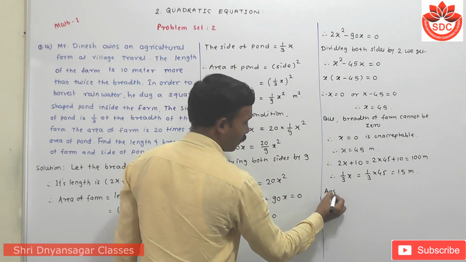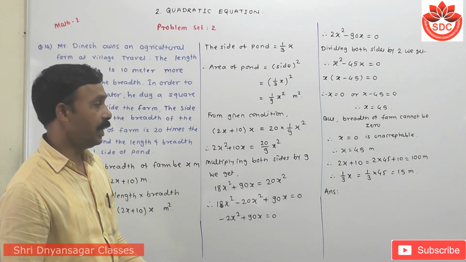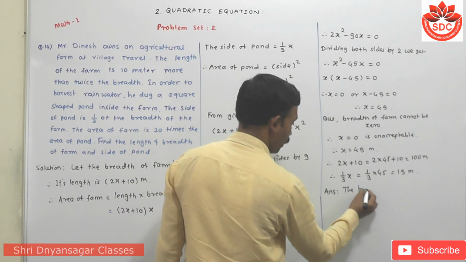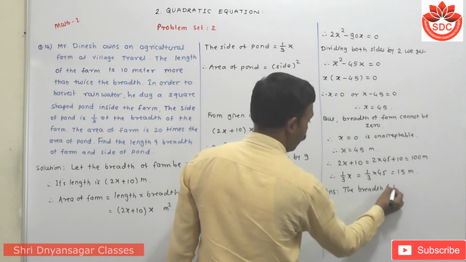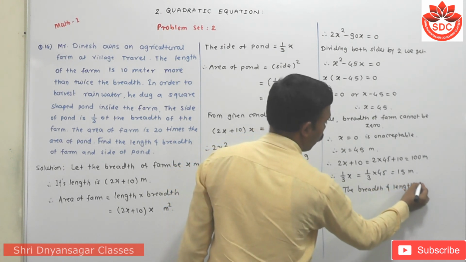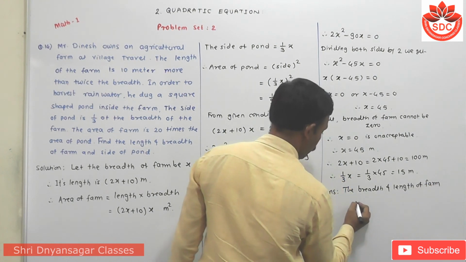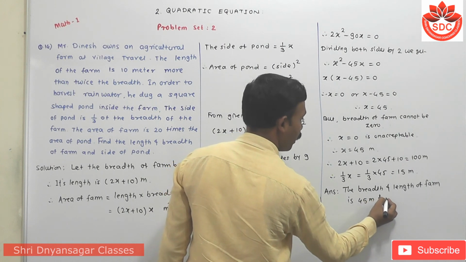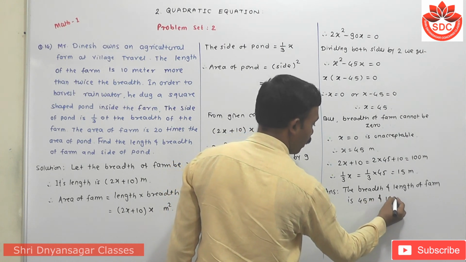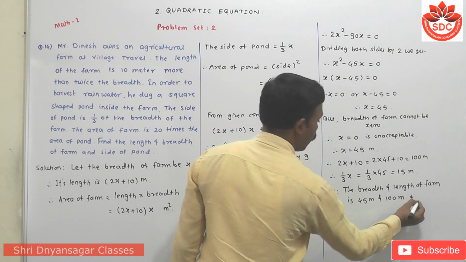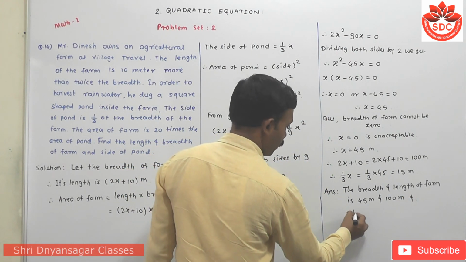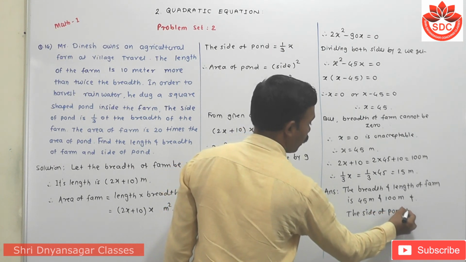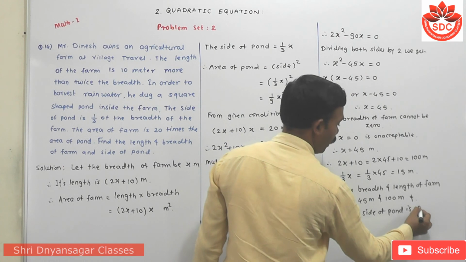Therefore, the answer in a full sentence: the breadth and length of the farm are, breadth is 45 meter and length is 100 meter, and the side of the pond is 15 meter.